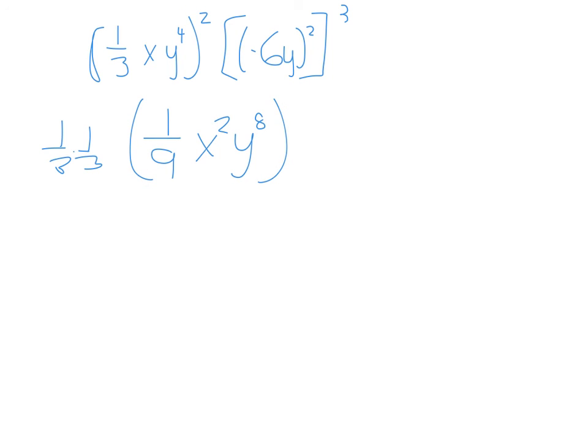That's my first parentheses. In the braces, I've got negative 6 to the second power, which is negative 6 times negative 6, which is 36. Y squared. And then I've got to put those to the third power.